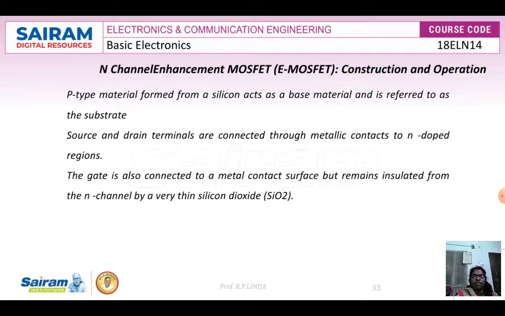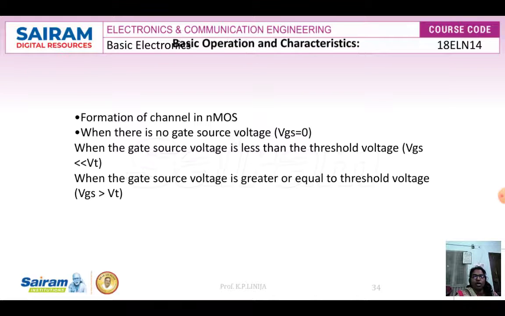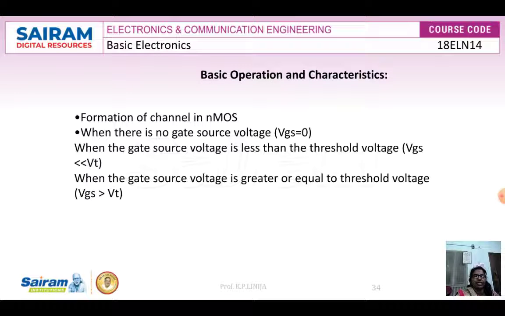Following the construction details, let us discuss the operation and characteristics of the N channel MOSFET. In the basic operation of NMOS, there is a formation of the channel. When there is no gate source voltage, that is VGS equal to 0, the majority carriers, the holes, accumulate below the gate region, and that region is known as the accumulation region.